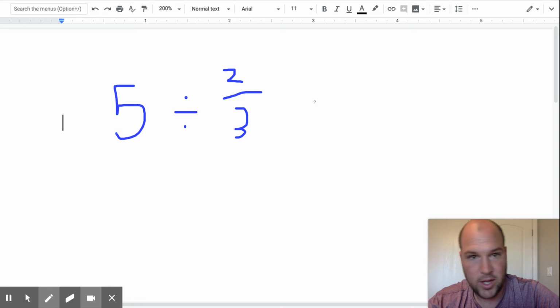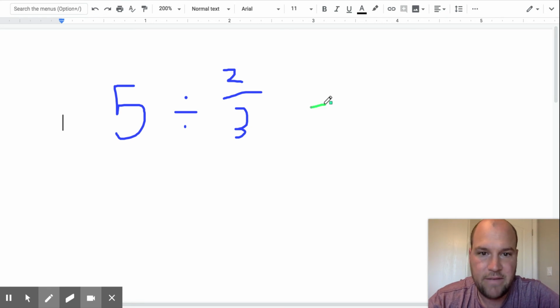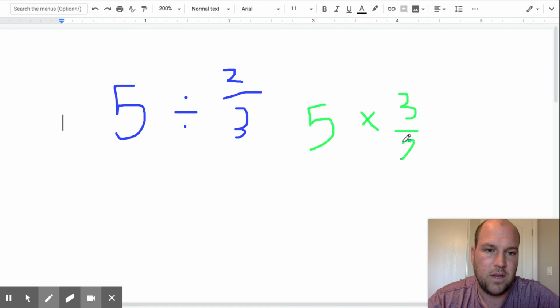Go to sleep, boy. Okay, so I keep the 5, and I flip the next one. I multiply now because I know how to multiply. 5 times 3/2. And I would advise making the 5 a fraction too, so you know exactly what you're doing.